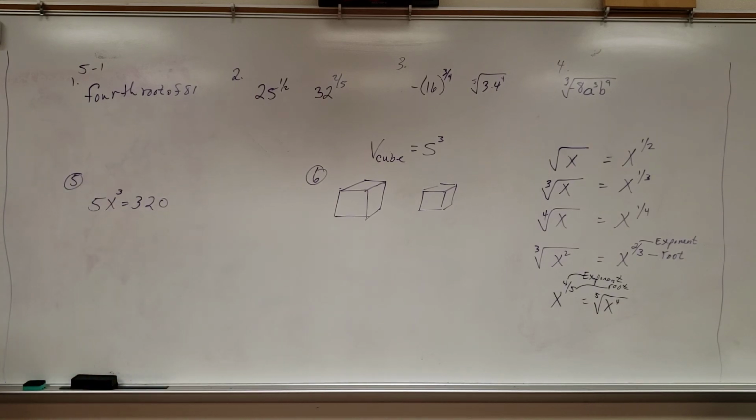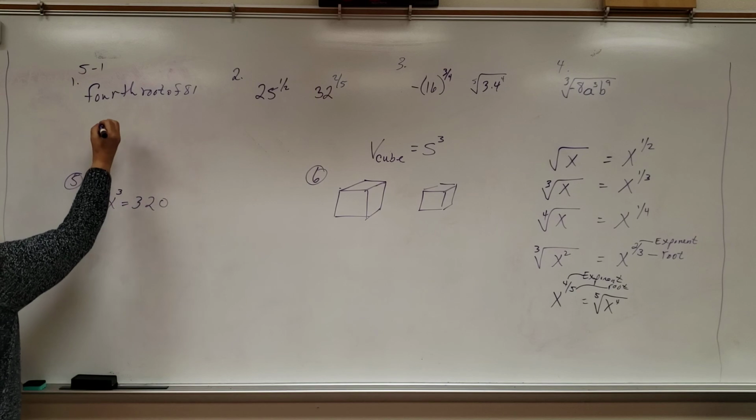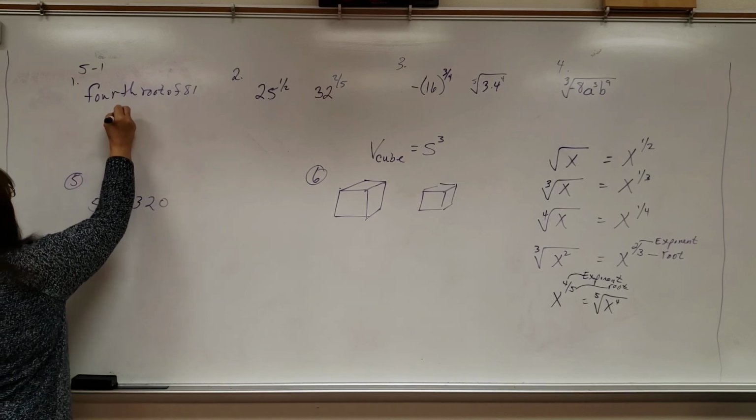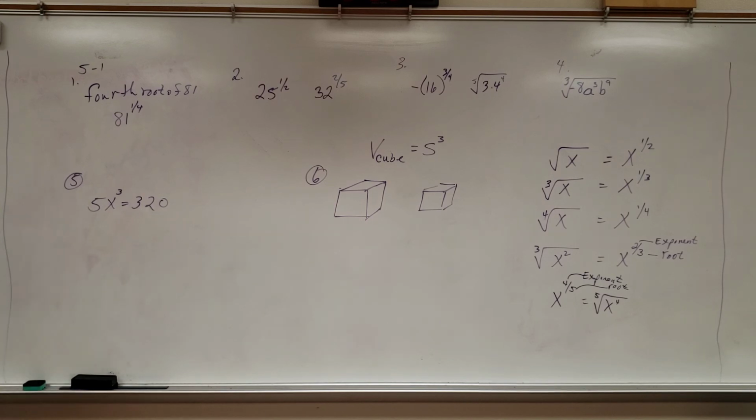All right, now the first problem that I want to look at is rewriting the fourth root of 81. The fourth root of 81 can also be written as 81 to the 1/4. This means that I can write 4 factors of 81.